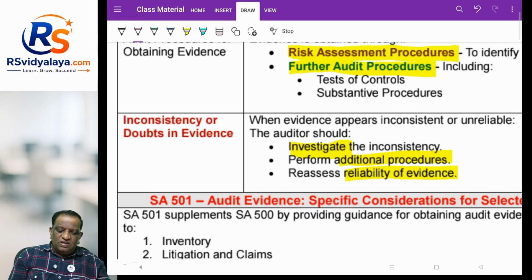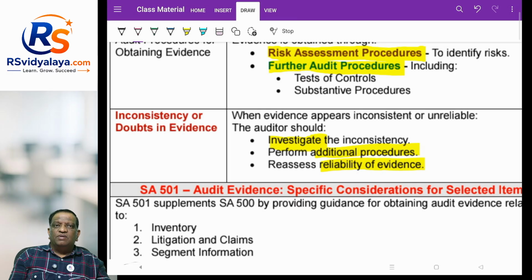When evidence appears inconsistent or unreliable, the auditor should perform three things. First, investigate the inconsistency. Why has that inconsistency come? Investigate. And second, perform additional procedures, because the initial one is not giving you the comfort, so perform additional procedures.